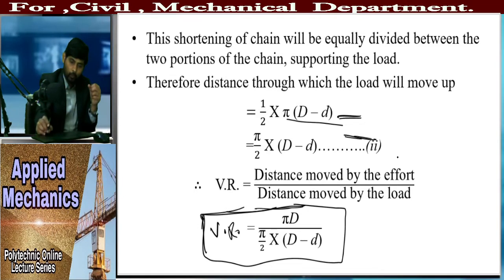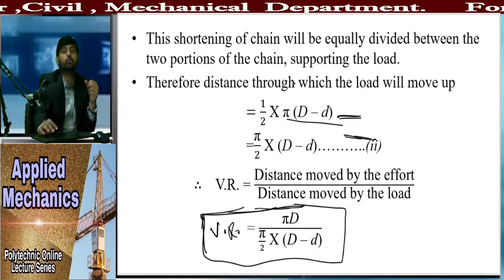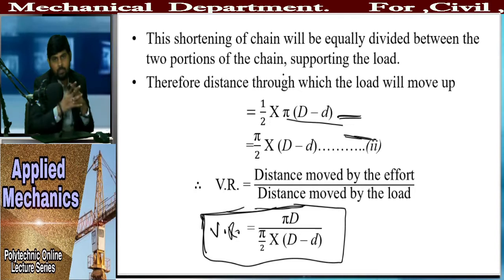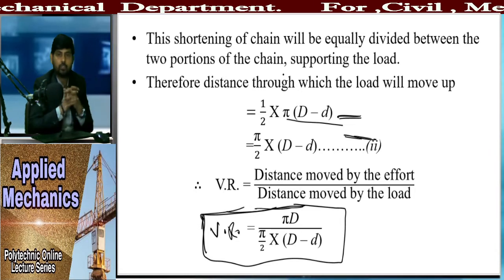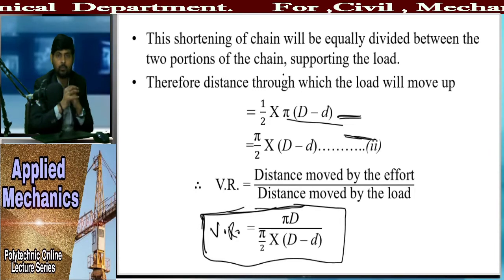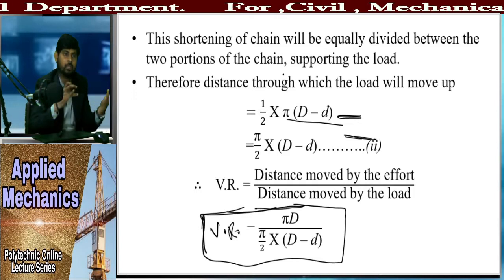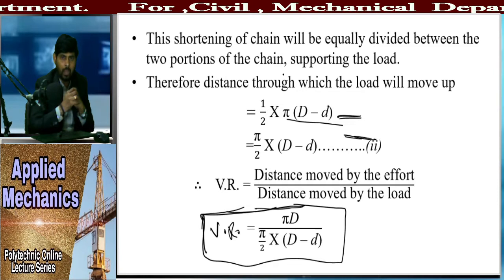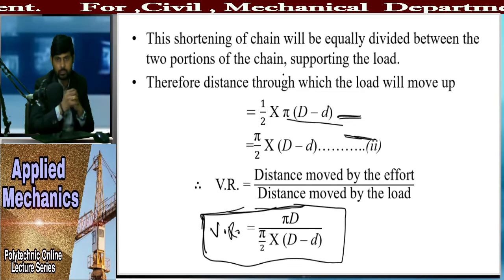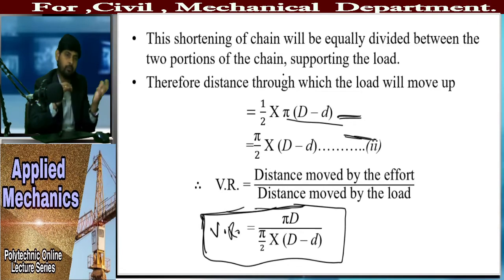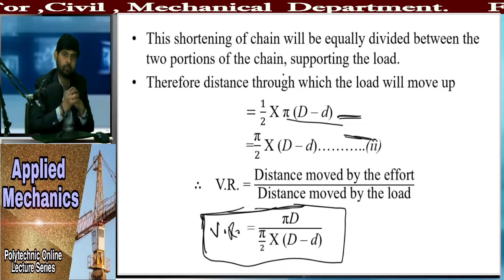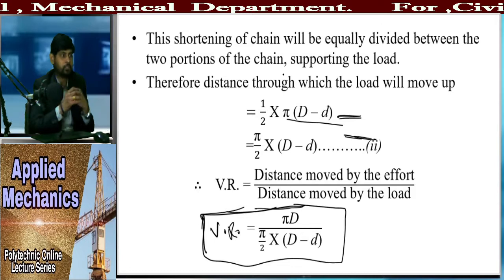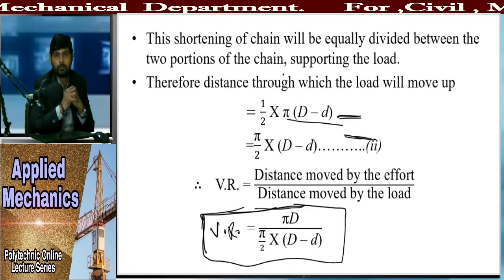As I told you, you should know the velocity ratio for every machine. Because in multiple choice questions, they ask what is the velocity ratio of Weston's differential pulley block, and they give you four options. In those options, they give velocity ratios of the differential wheel and axle, single purchase crab winch, double purchase crab winch, and Weston's differential pulley block.